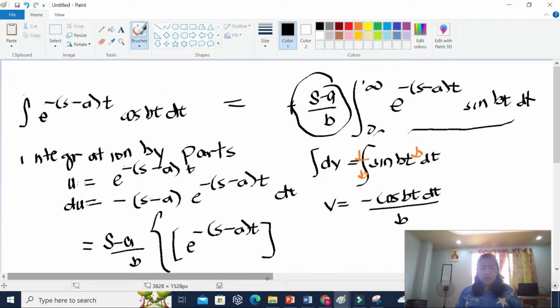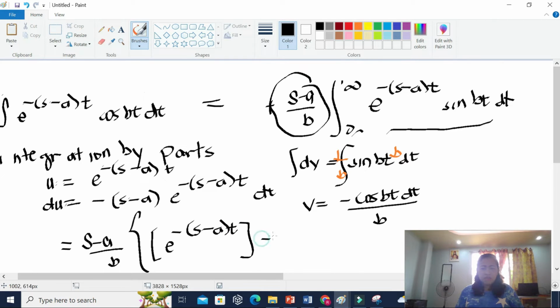So, ang v natin will be negative cosine of bt, wala na palang dt, okay, no? So, wala na itong dt.